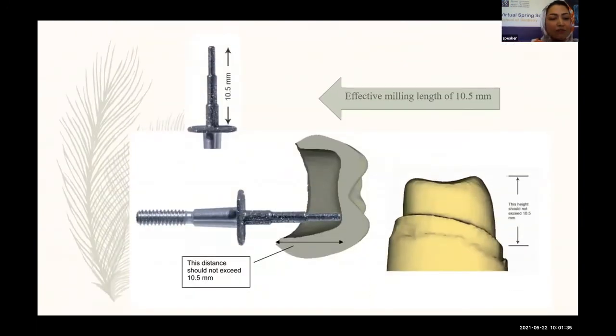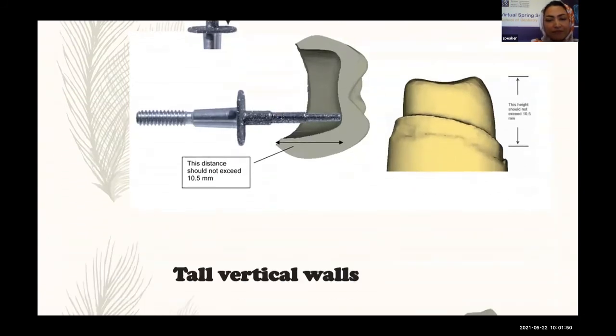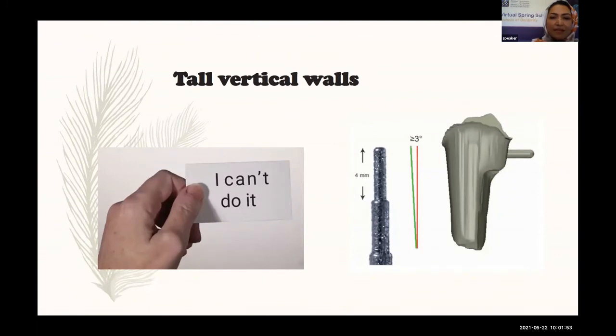According to the length of the stepper, which is 10.5 millimeters, the height of the abutment should not be greater than this amount, which is rare in our daily practice. The stepper is able to mill a 0 degree surface which is less than 4 millimeters, as you can see in the picture. Surfaces greater than 4 millimeters in length should have a 3 degree taper or greater.